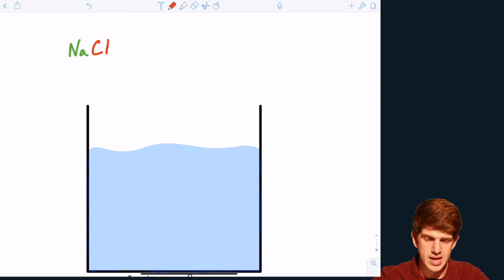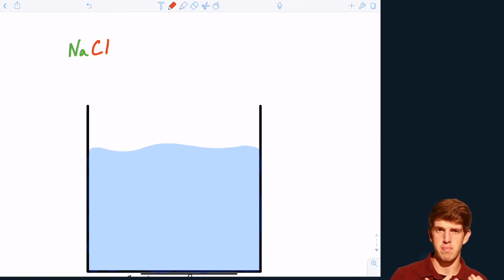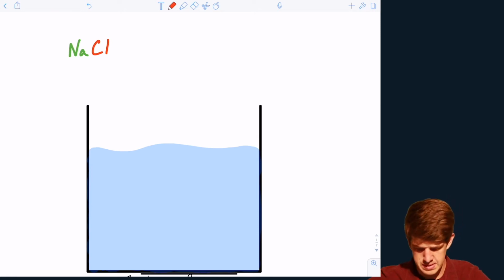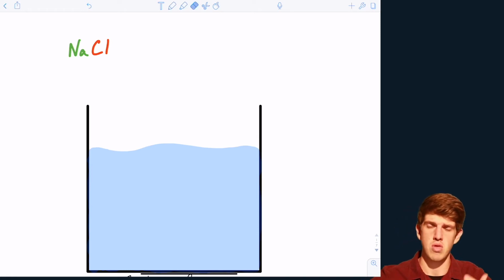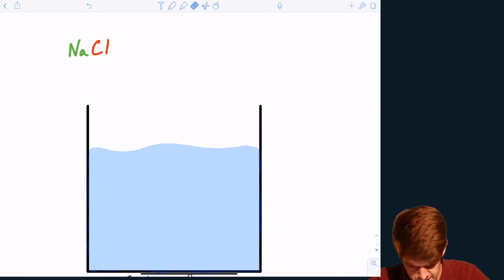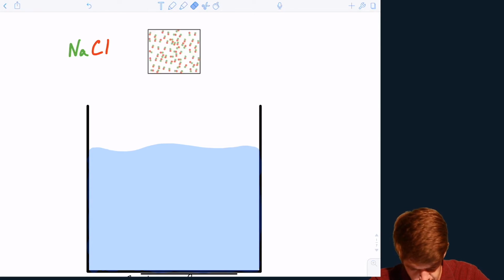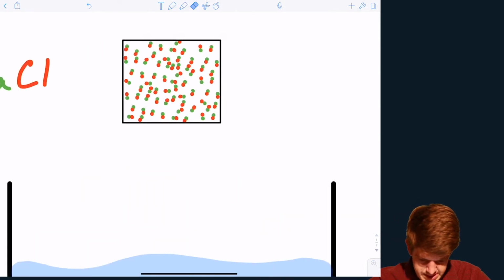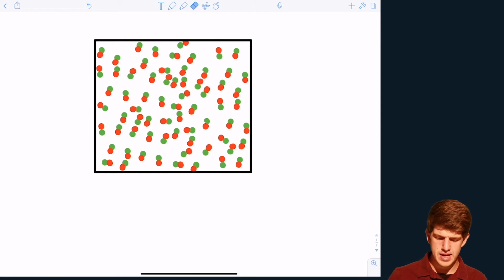But when I put it into solution, it's going to dissolve into Na+ and Cl- ions. So let's say I have a large sample of sodium chloride. Here is a sample of sodium chloride. Each one of these red dots represents Cl, each one of the green dots represents Na, and they are all bound to each other. They haven't dissociated yet because I haven't put them in the water.